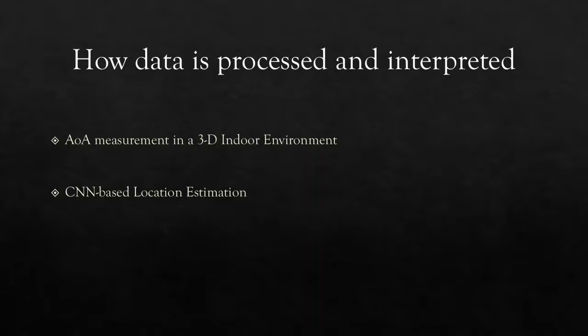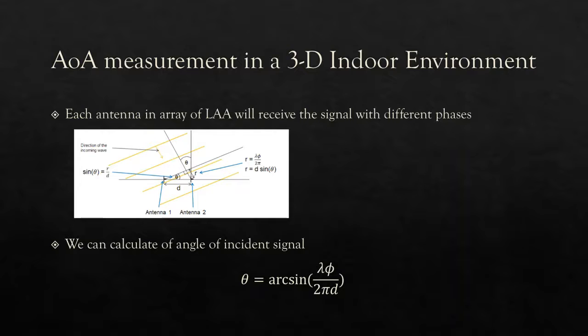So the next topic is how data is processed and interpreted. First we have the angle of arrival measurement in a 3D indoor environment, and the second phase is the CNN based location estimation. From the first part, the angle of arrival measurement in a 3D indoor environment, each antenna in the array of the LAA will receive the signal with different phases.